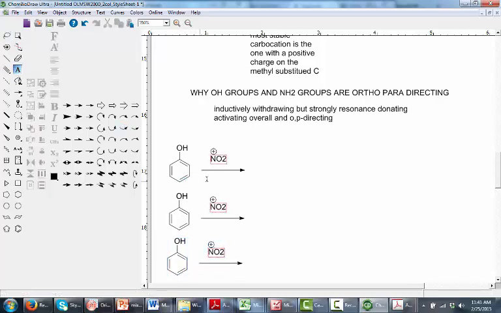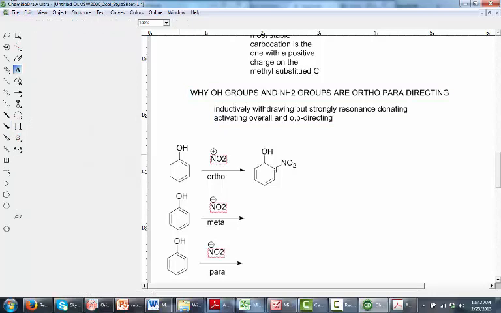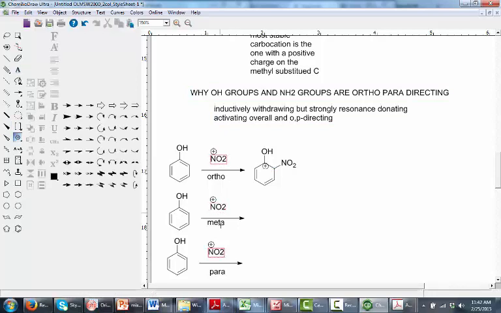So this top one will be for ortho addition. This will be our meta addition. This will now be the para addition reaction. Now if I want to add this nitro group ortho to the phenol, what that gives me is a positive charge on the carbon that has the OH.